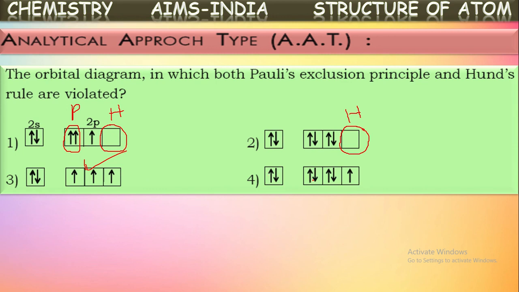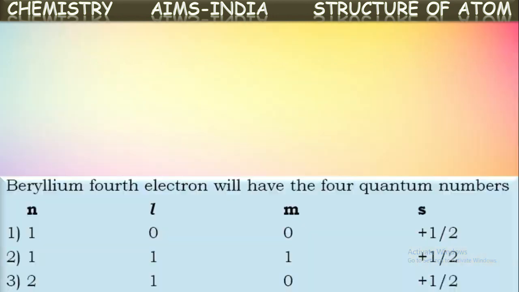All three degenerate orbitals are occupied with a single electron, then pairing has taken place in these two. So this also follows all the principles. Now what will be the correct answer? The configuration which violated both Pauli's principle and Hund's rule. That is the first one. Got it? Next question.